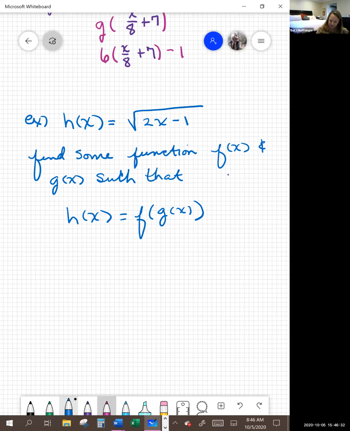And so our inner function, let's think of it as what's underneath the radical. So let's call that g of x. So g of x, let it be 2x minus 1.